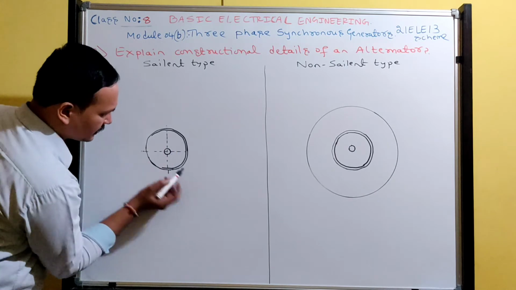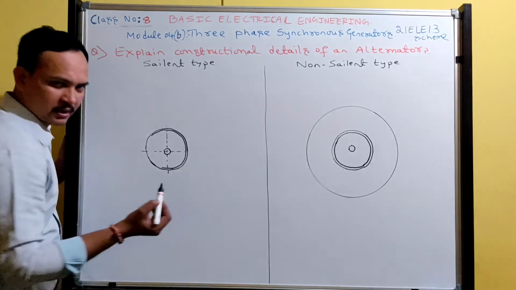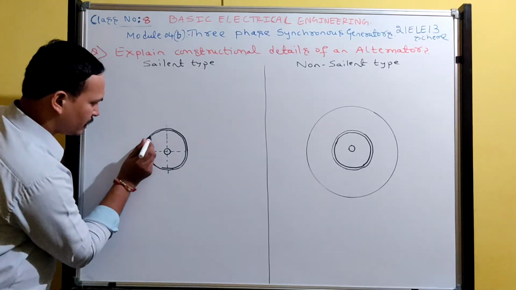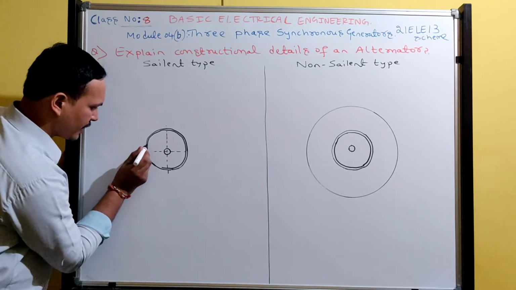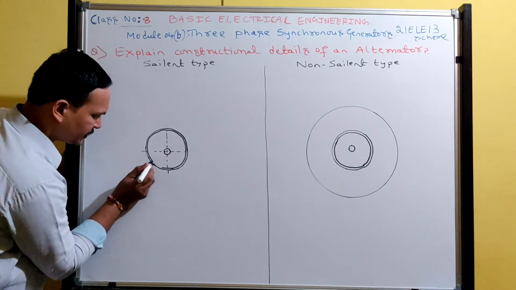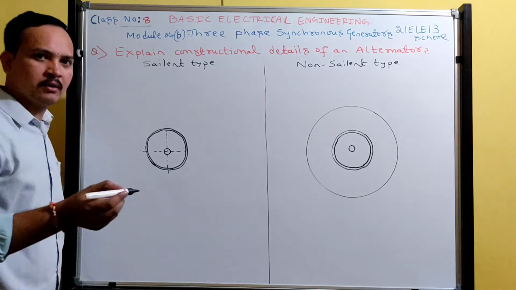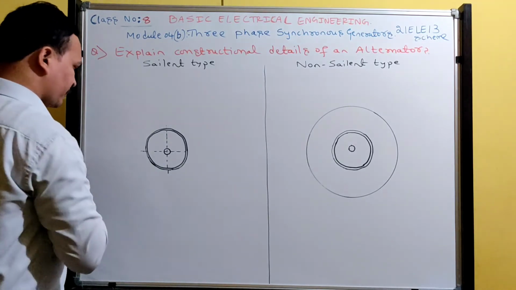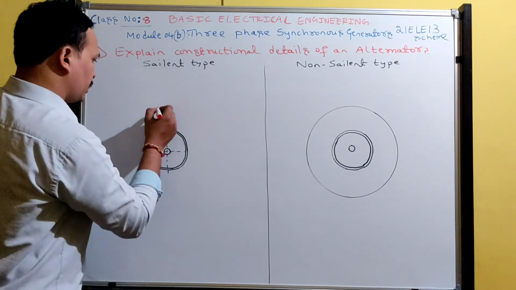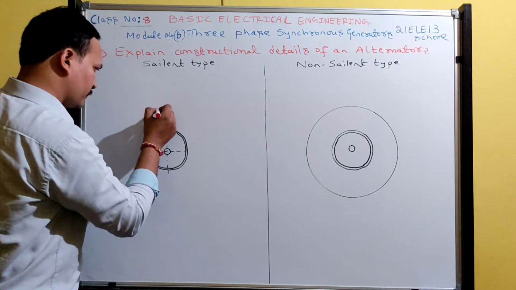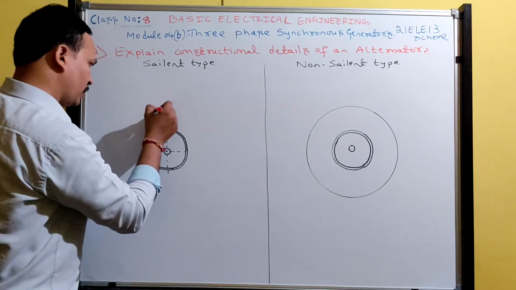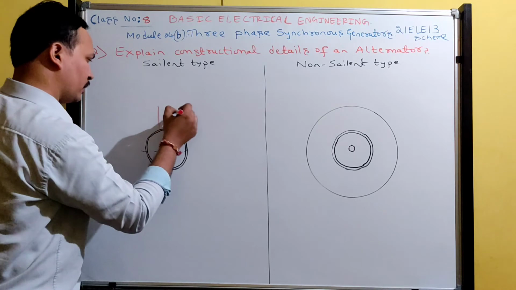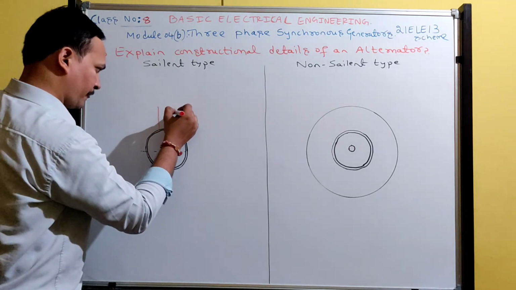Maintain a gap between the outer circle and this circle, almost 1 to 3 mm. This gap should be visible only for you. Like that you write. Now I am going to place the poles. I am going to fix poles on this rotor.